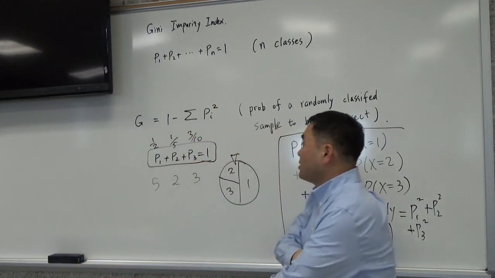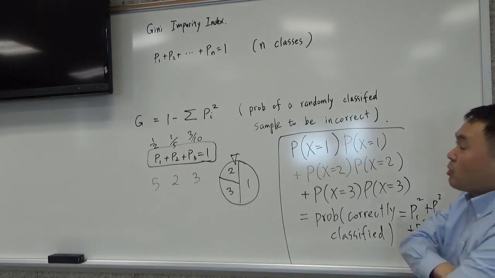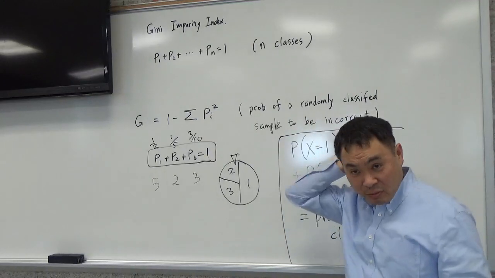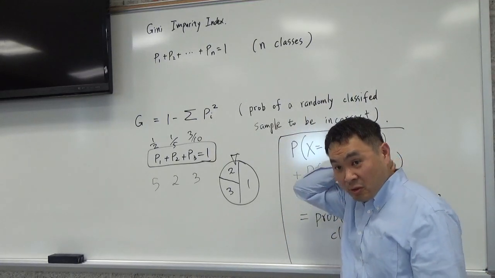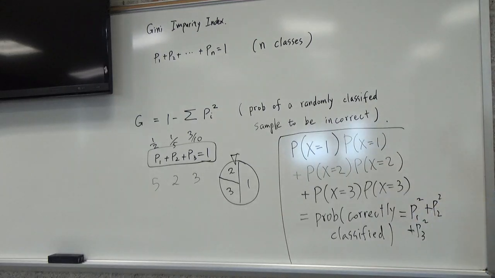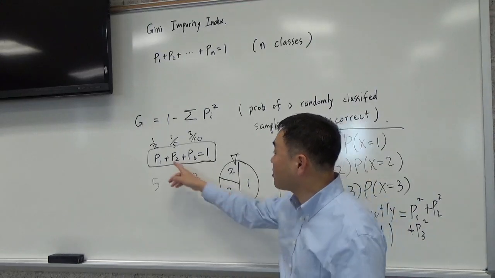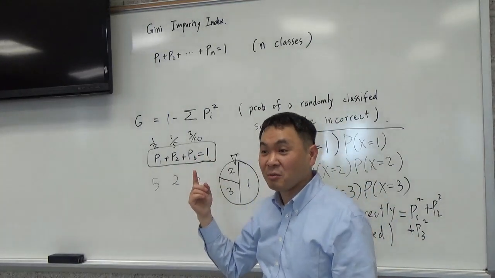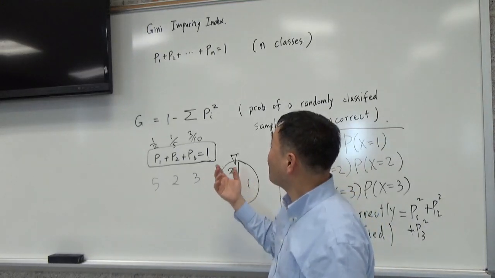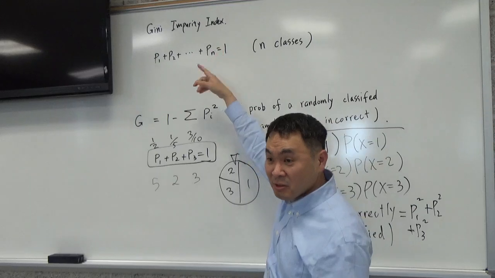And let's think about some extremes. What if you just have one class, 100%, just one group? What will be the Gini impurity index? Everything's the same. It'll be 0 because you just have one probability, which is P, right? And P would be 1 because everything has to add up to 1, and you just have one probability.